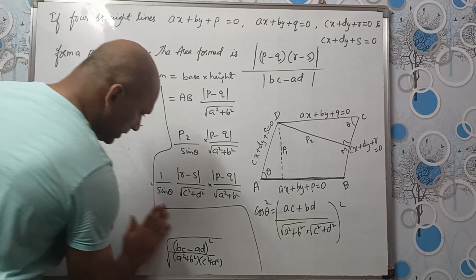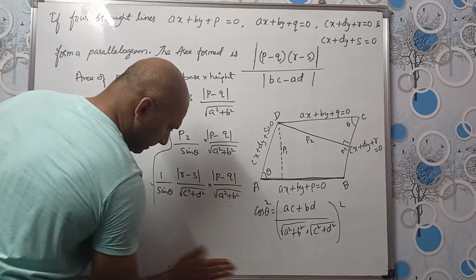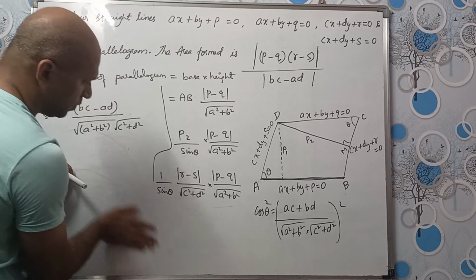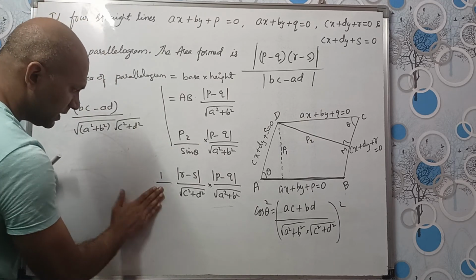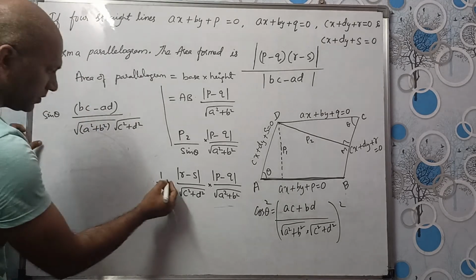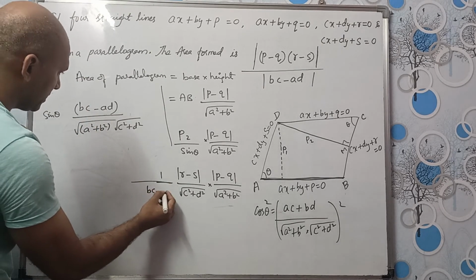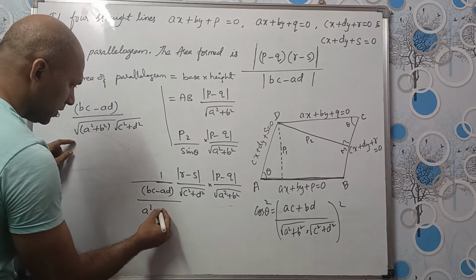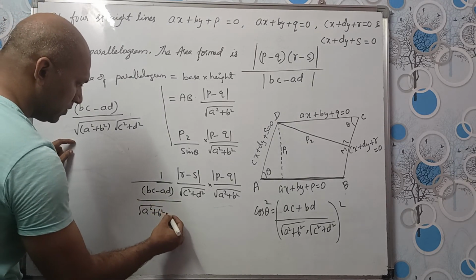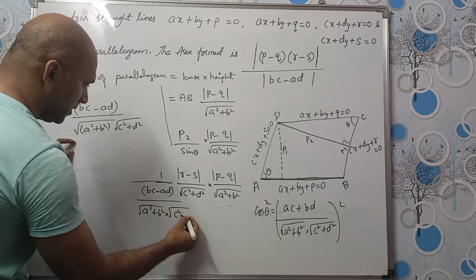Let us substitute this here. It is 1 by sine. So in place of this sine, I am substituting this value. So this will be BC minus AD divided by root of A square plus B square multiplied by root of C square plus D square.